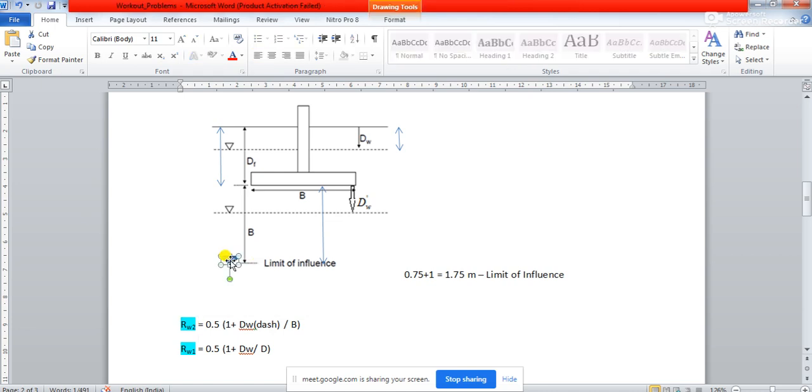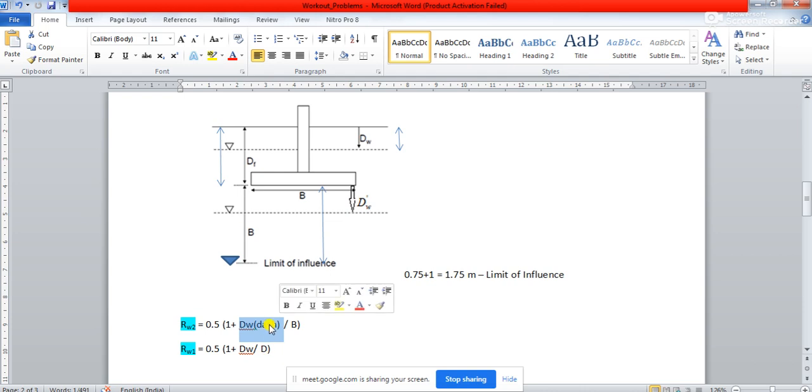Because when the water table reaches here, this dw dash value, which is measured below the base of the footing, will be equal to B. So B by B is equal to 1.